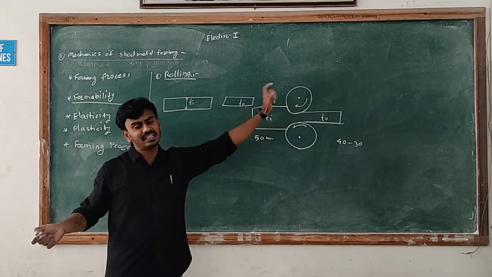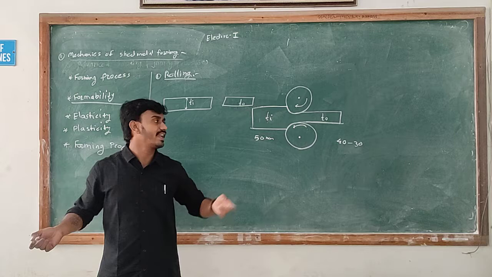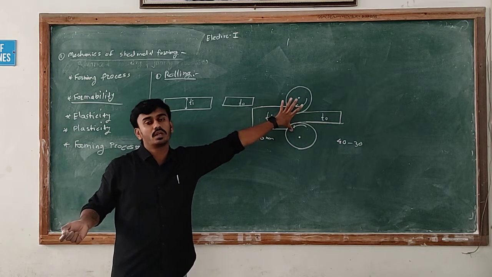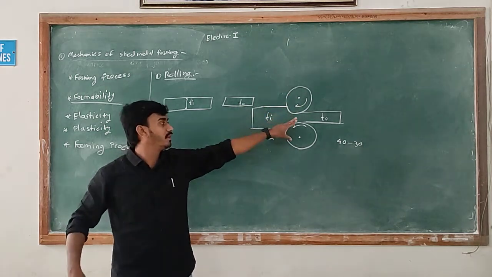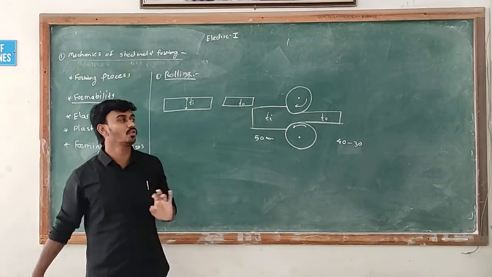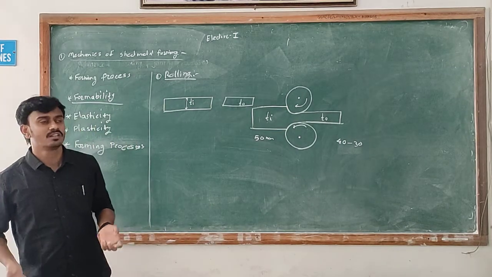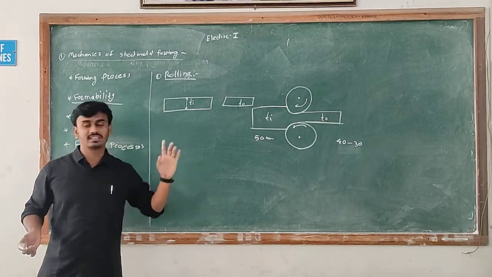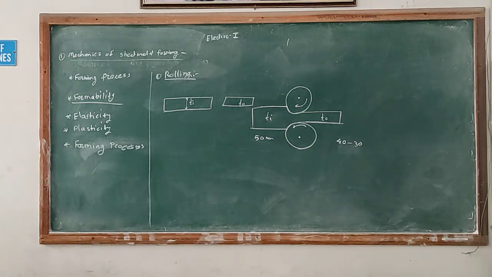Then by adjusting the adjustable roller, we can adjust the gap between these two rollers and accordingly we will get our output sheet. So one is a fixed roller and another one is adjustable.